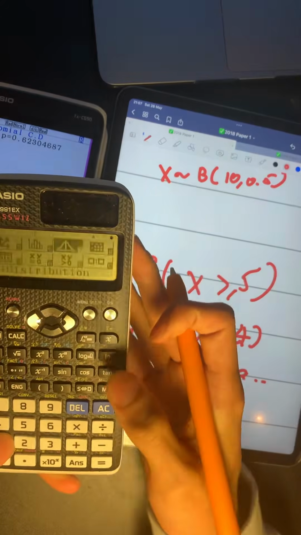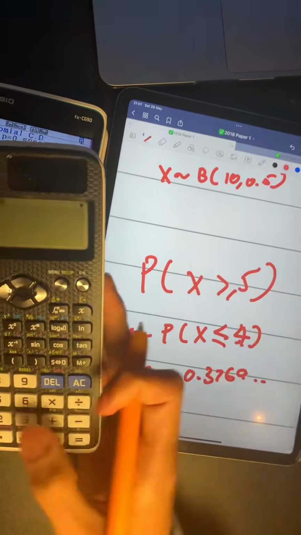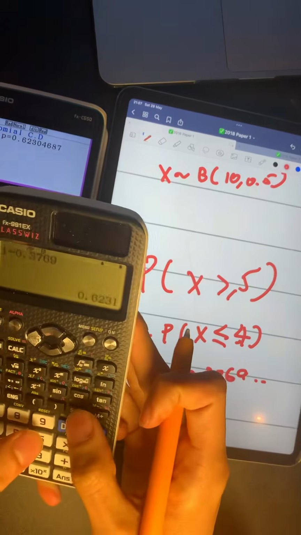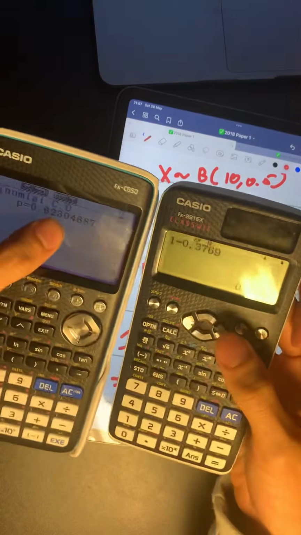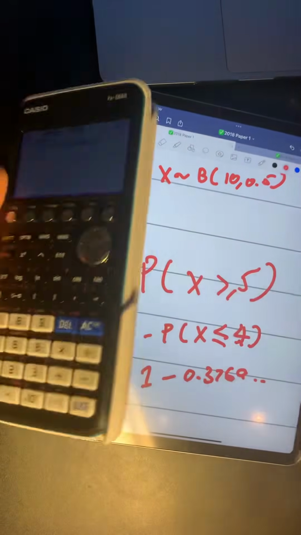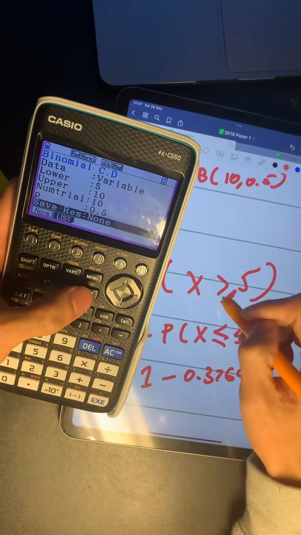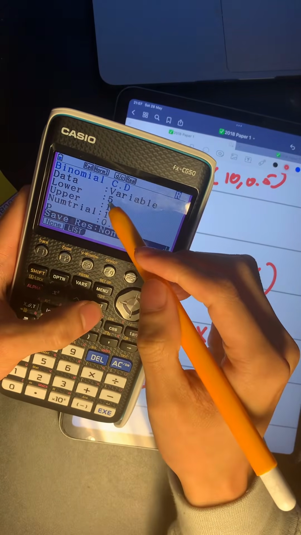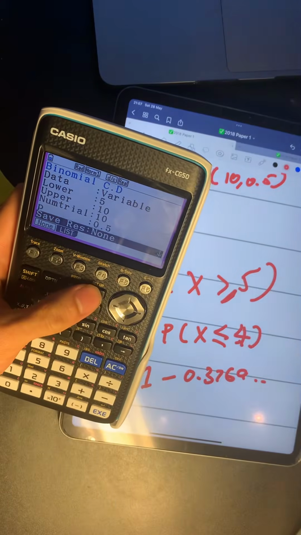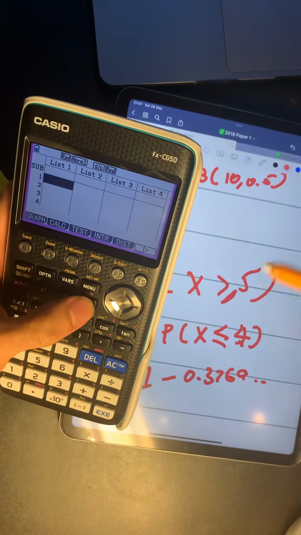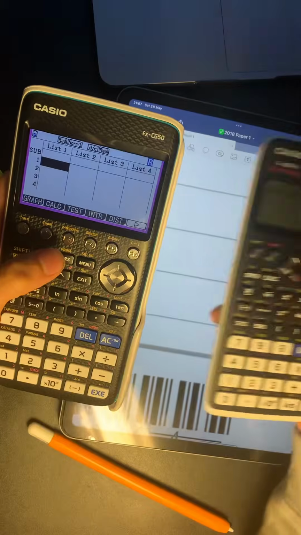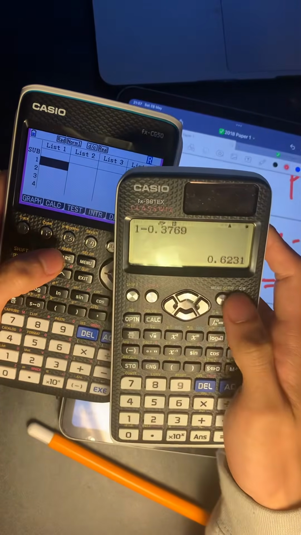And then you've got to go to menu 1 and do that whole calculation shebang, just to output really the same value. So this is really useful. Always remember it's greater than or equal to something, but you can always put lower and upper on the binomial cumulative distribution.